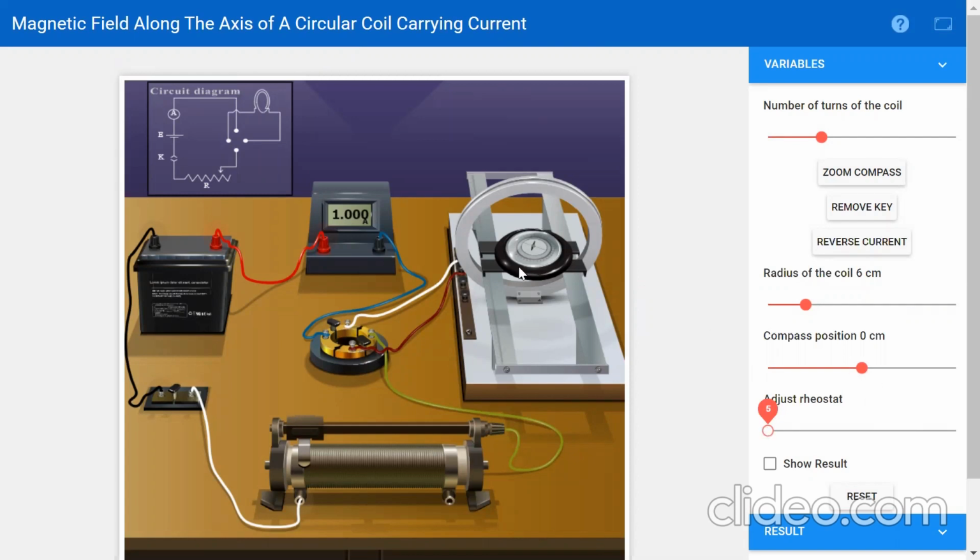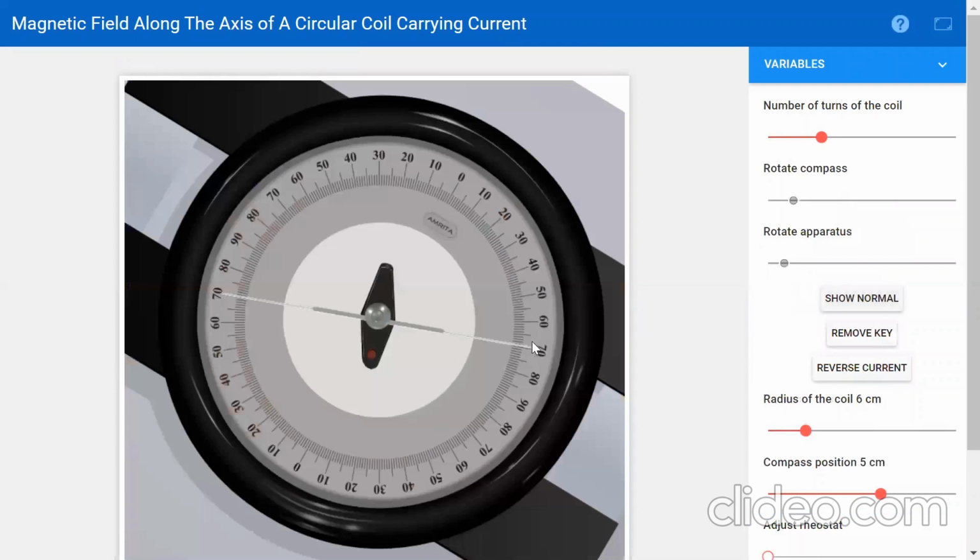The last step is to change the position of the compass from the center on both sides. Suppose on the right side at 5 centimeters, zoom in. Note down theta 1 and theta 2, and for reverse current also.